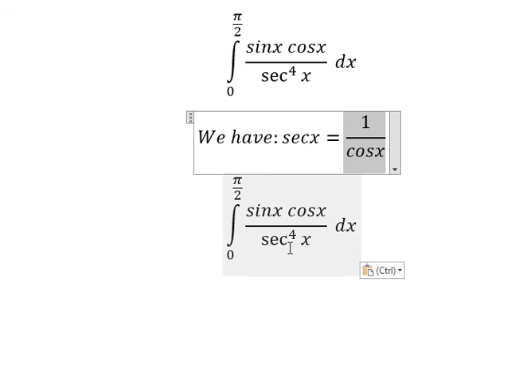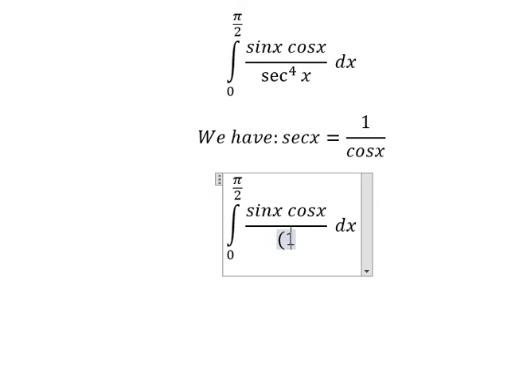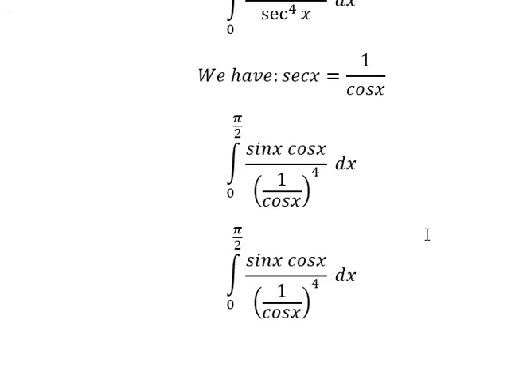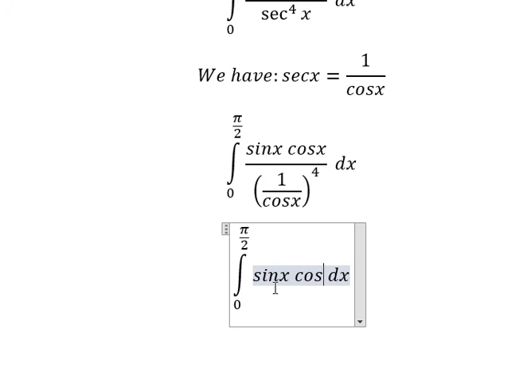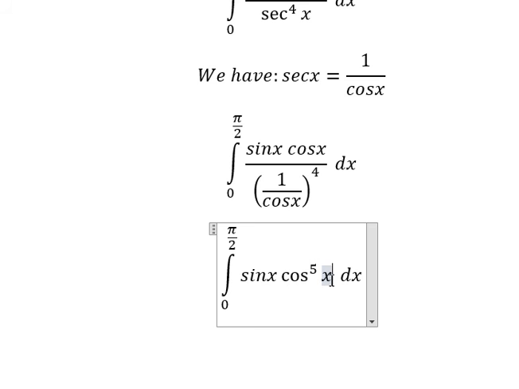So we put this one to replace this one. This one, cosine s to the power of 4, will go to the numerator, and we have cosine s to the power of 5.